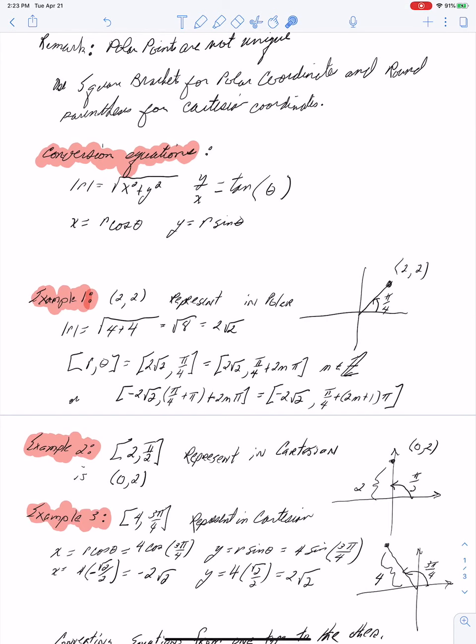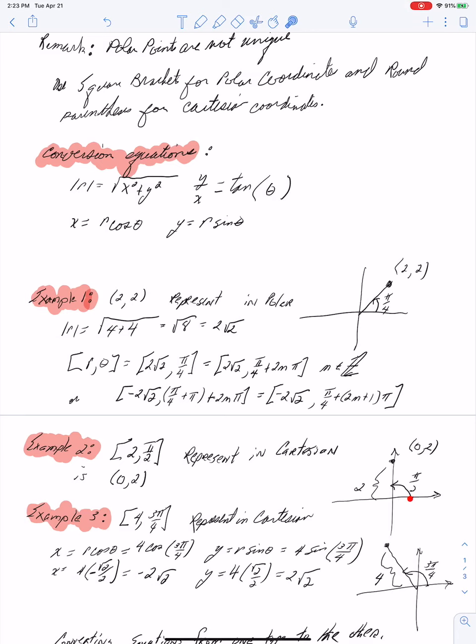Now, let's go back the other way. I have a polar point, and I want to represent it as a Cartesian point. Well, there's only one way to represent it as a Cartesian point. All right, so here's my polar point. What am I telling you? That r is 2 and theta is pi halves.